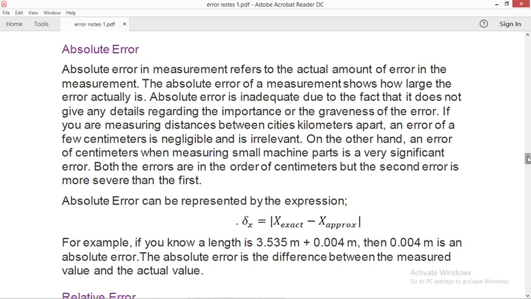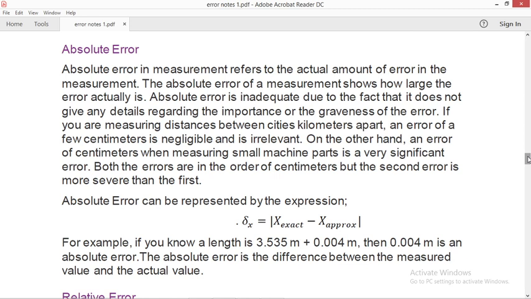Absolute error is inadequate because it does not give any details regarding the importance or graveness of the error. If you are measuring distances between cities kilometers apart, an error of a few centimeters is negligible and irrelevant. On the other hand, an error of centimeters when measuring a small machine part is a very significant error. Both the errors are in the order of centimeters, but the second error is more severe than the first.